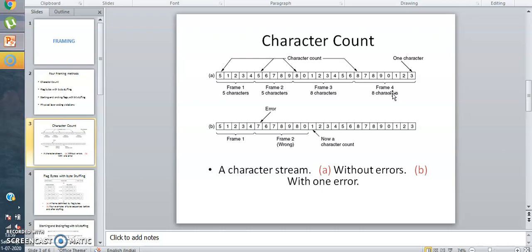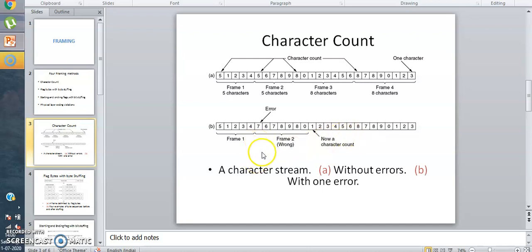The main trouble with this algorithm is that the count can be garbled by a transmission error. Suppose the character count of 5 in the second frame becomes a 7.